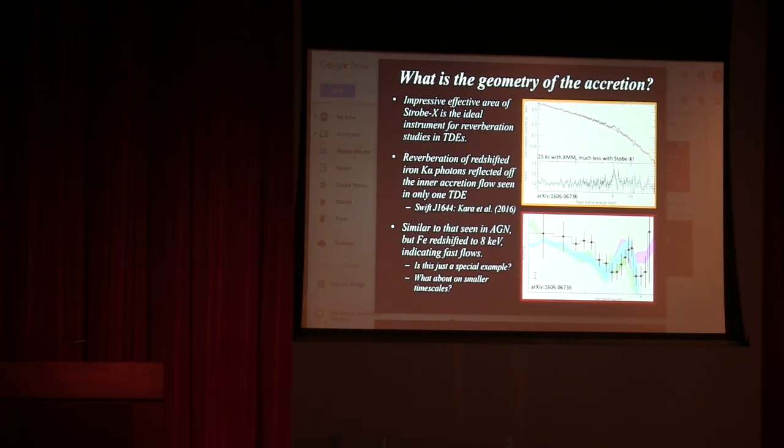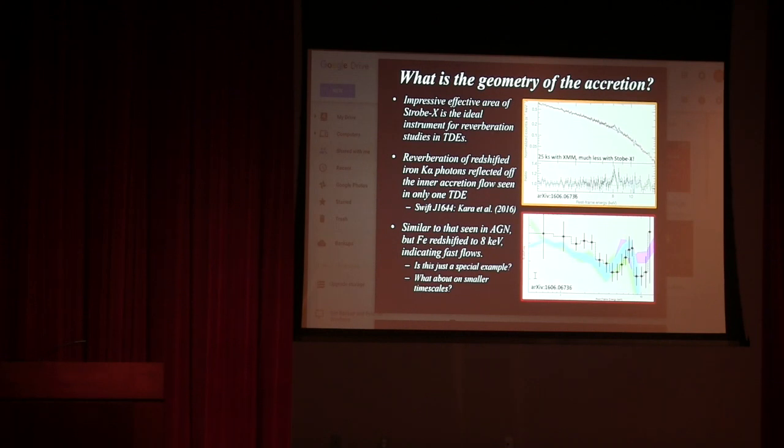She had a 25 kilosecond XMM observation, and they detected, at the very peak of the tidal disruption event, a highly redshifted iron line, redshifted to 8 keV, which is indicative of very fast fluid moving at about 15% of the speed of light.